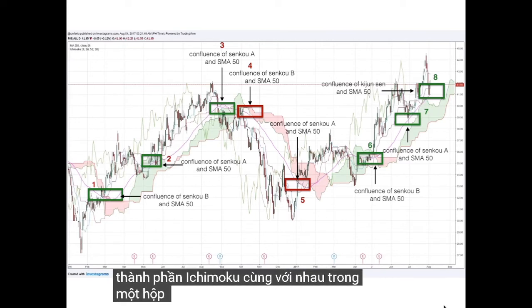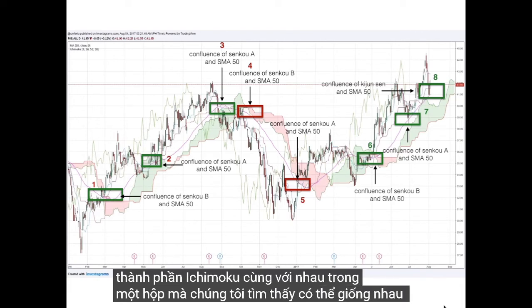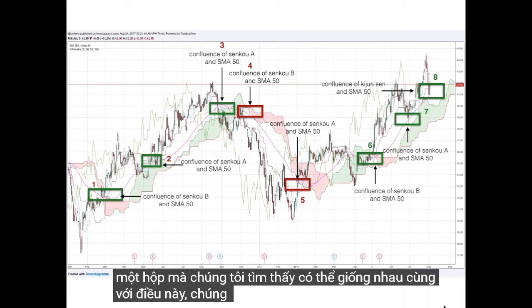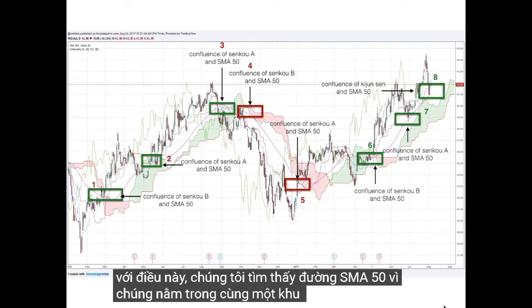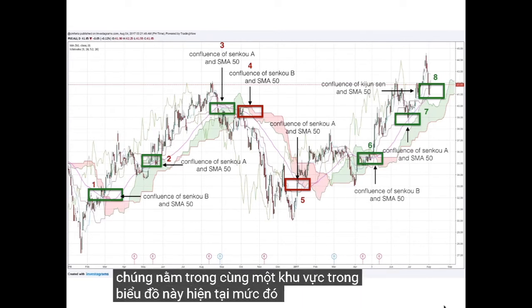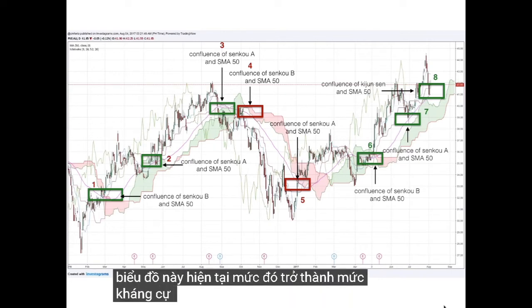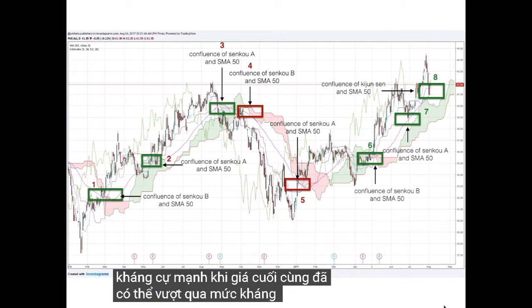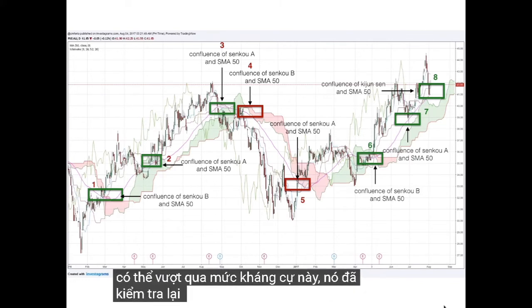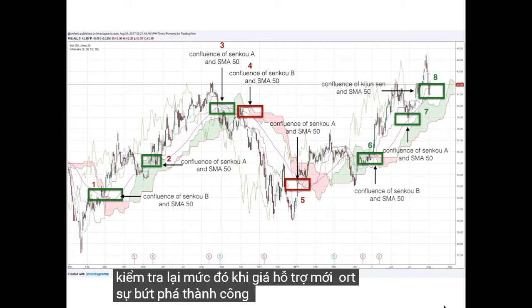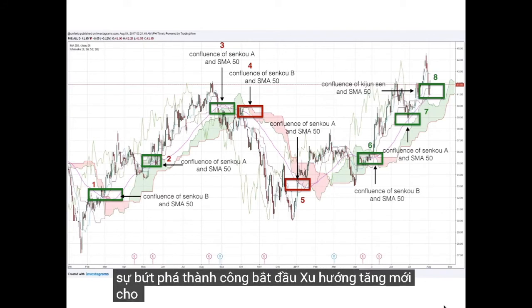In box 1, we find the Senkou B line, along with the SMA 50 line. Since they are located in the same area in this chart, that level becomes a strong resistance. Now, when price was finally able to break above this resistance, it retested that level as the new support. The successful breakout started a new uptrend for Ayala Land.